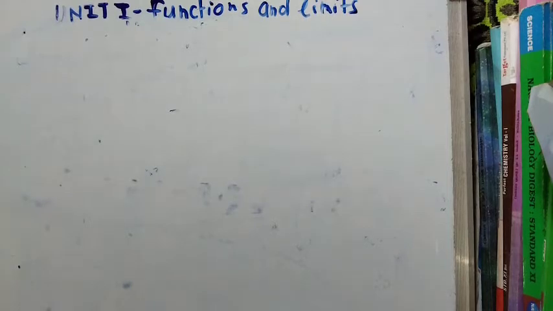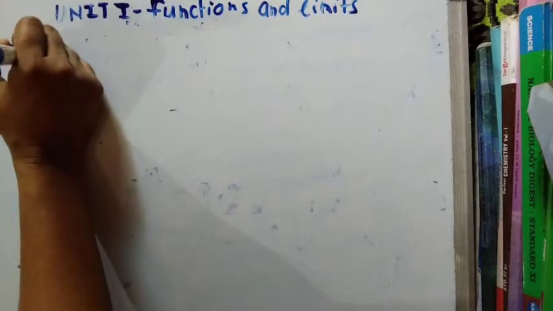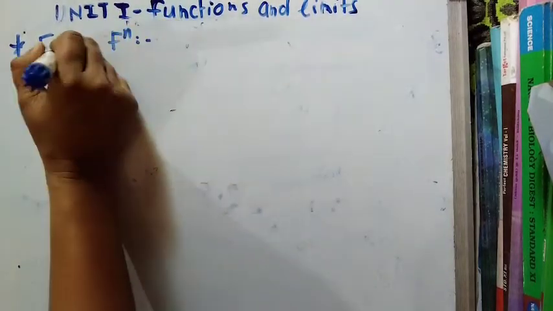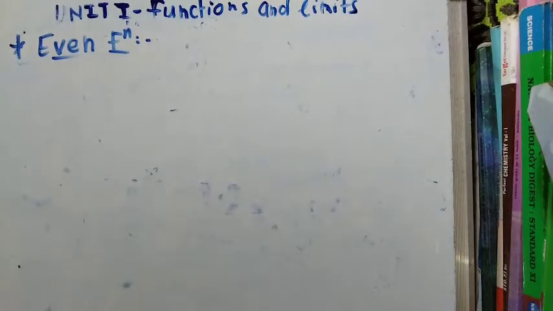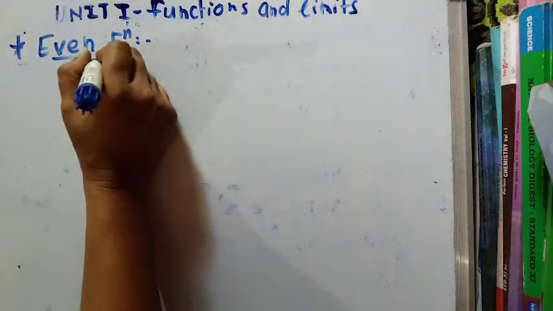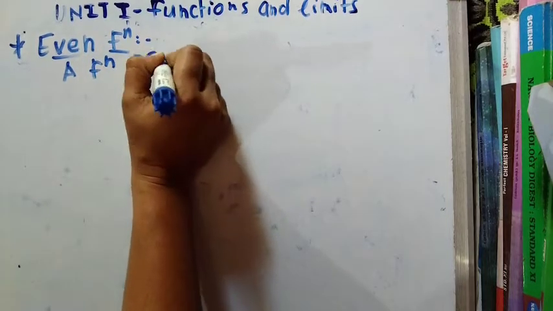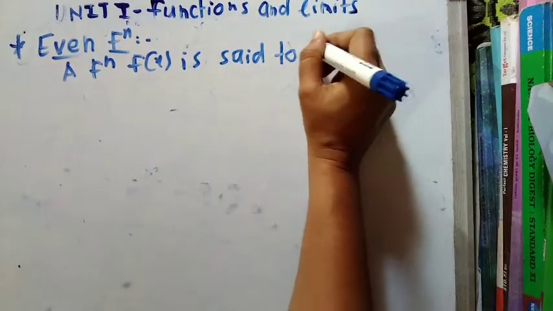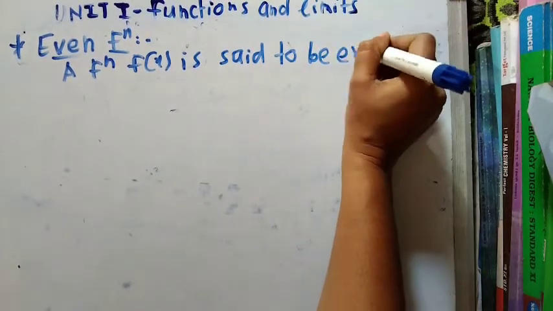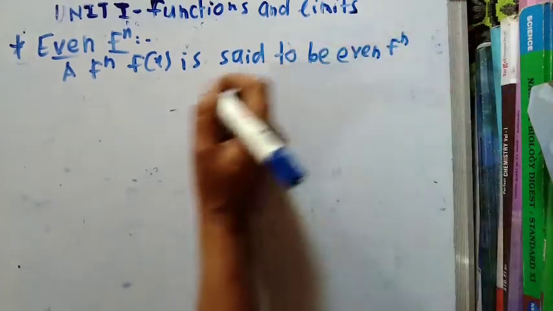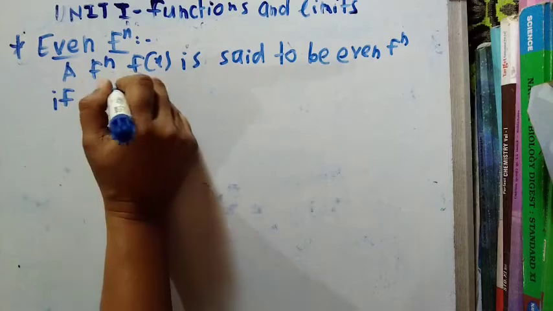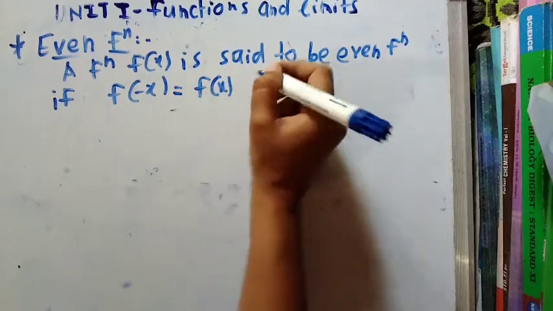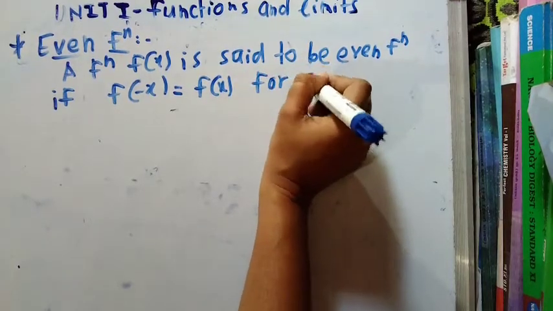Then next is the even function. A function f of x is said to be an even function if f of minus x is equal to f of x for all x.